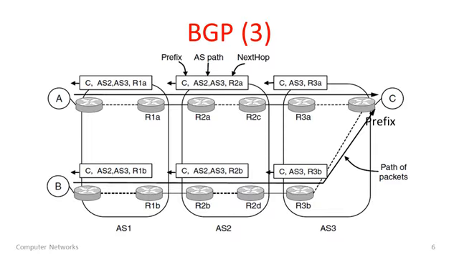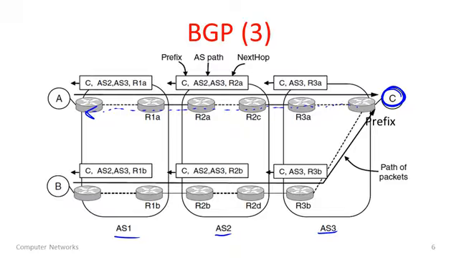Well, here's a little example just to look at to see how some simple announcements would propagate. In this diagram here we have three ASs. You could think of them as ISPs if you like. AS1, AS2 and AS3. I'm just going to look at the announcements that propagate out from prefix C. So that's the destination. Along these dotted paths you can see that BGP announcements carrying path vectors propagate out in the network.